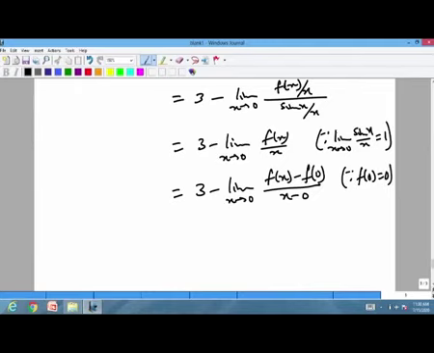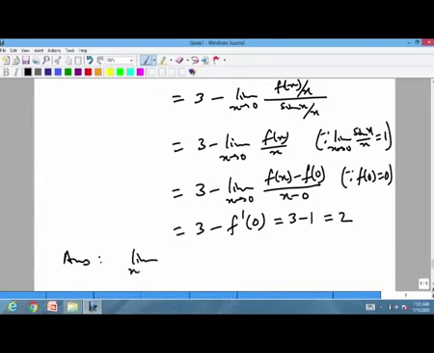Now, this limit is nothing but the derivative of f at 0. So, this is 3 minus f prime 0, and f prime 0 is given to be equal to 1. So, this is 3 minus 1, which is equal to 2. So, the answer is that the limit as x tends to 0 of g of x is equal to 2.